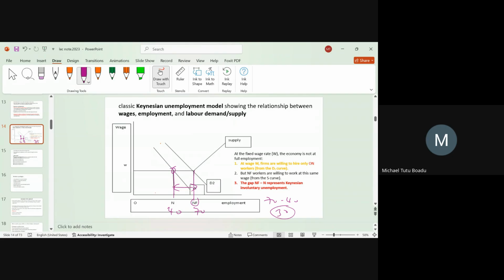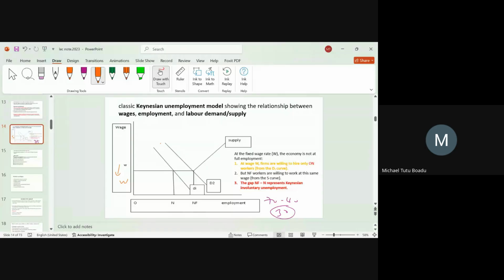So 70 people want to work, but the firms are willing to hire only 40 people and pay a wage of W. What could cause these 30 people to be absorbed would be when the wage rate falls for the firms. A fall in the wage rate or any subsidy granted to the firms could help them to employ more.